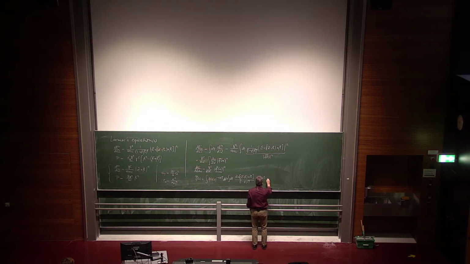So let me transform the observer's time to the retarded time. Then this is now to the power of 2 here. But now I have to insert here in the Fourier phase the observer's time expressed by the retarded time.